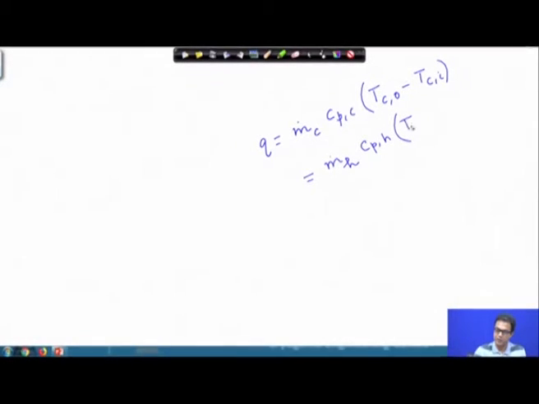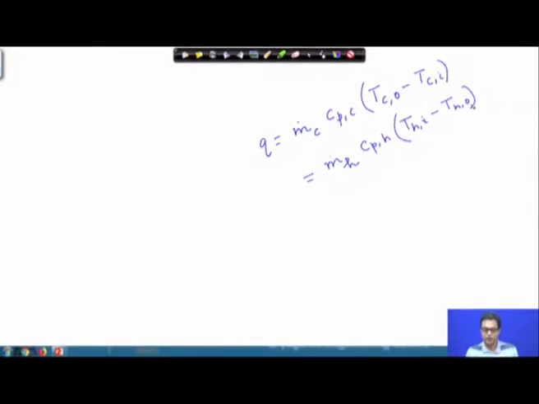Q is equal to m dot C Cp C times T C out minus T C in, and that is equal to m dot H Cp H times T H in minus T H out.